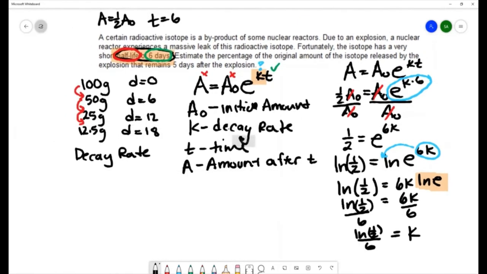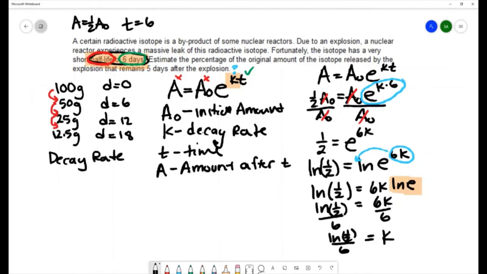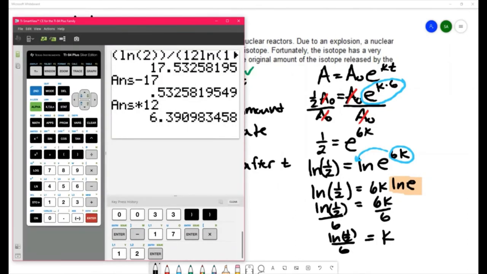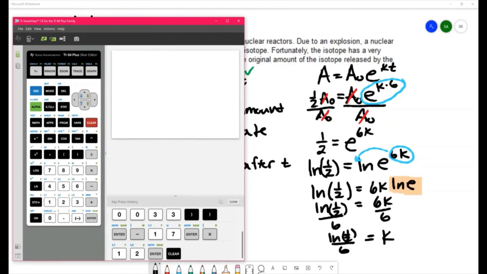So I have a value for k. I can type that in my calculator. However, I don't typically like to use the decimal form of this because rounding can be an issue with these types of problems. So I'm going to type in my calculator just to show you how it's done.